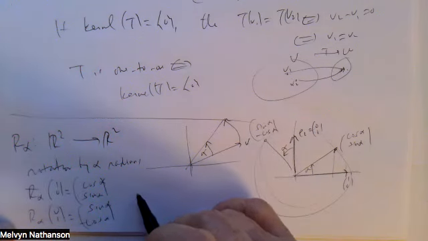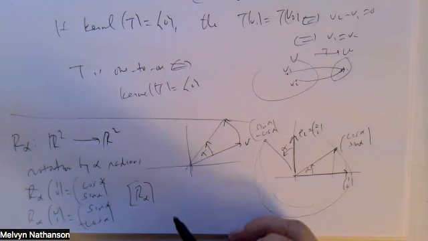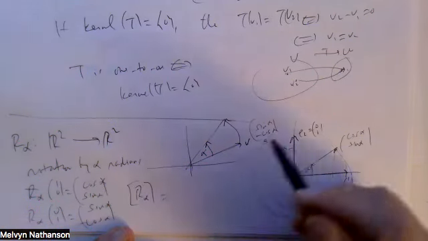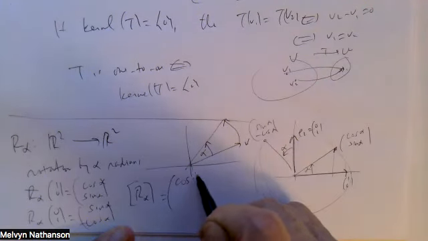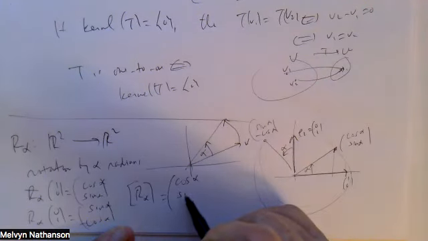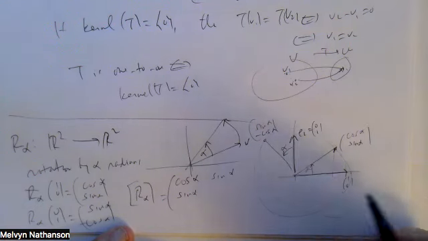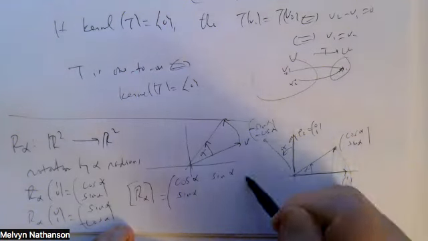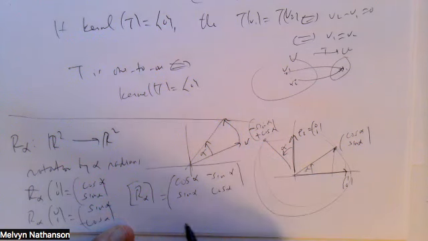So the matrix for rotation by alpha is cosine alpha, sine alpha, oops, I'm sorry, this is minus sine alpha, cosine alpha.